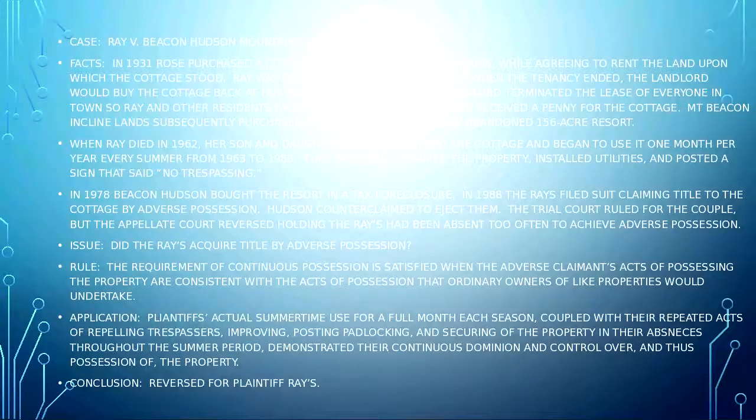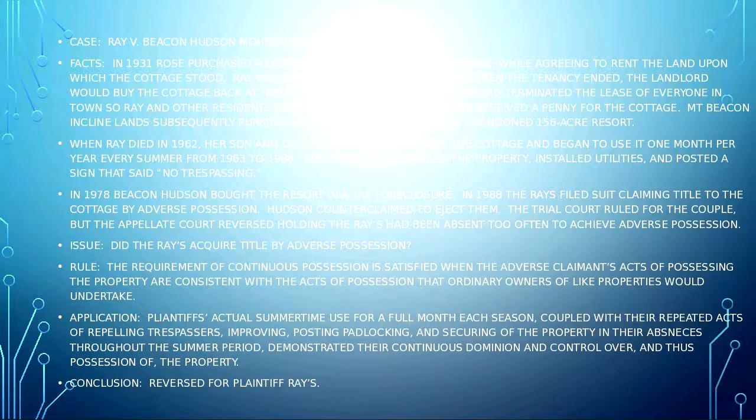The requirement of continuous possession is satisfied when the adverse claimant's acts of possessing the property are consistent with the acts of possession that ordinary owners of like properties would undertake. Isn't that what happened here?